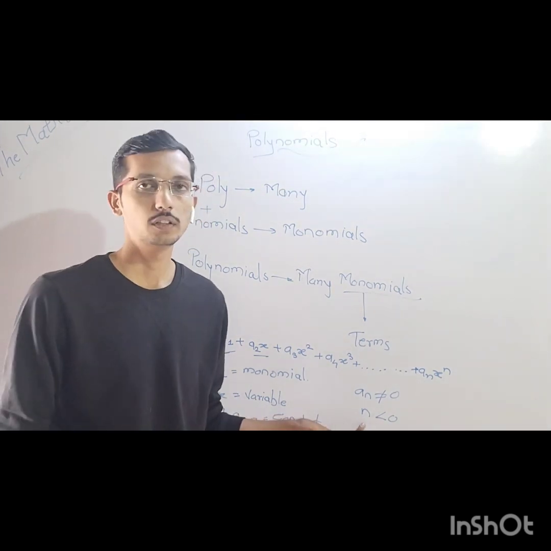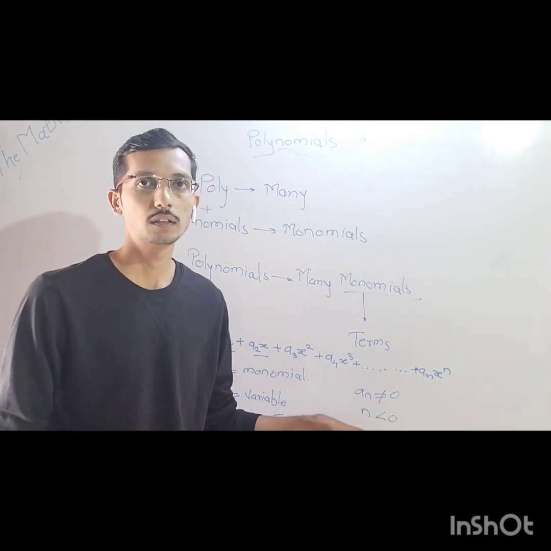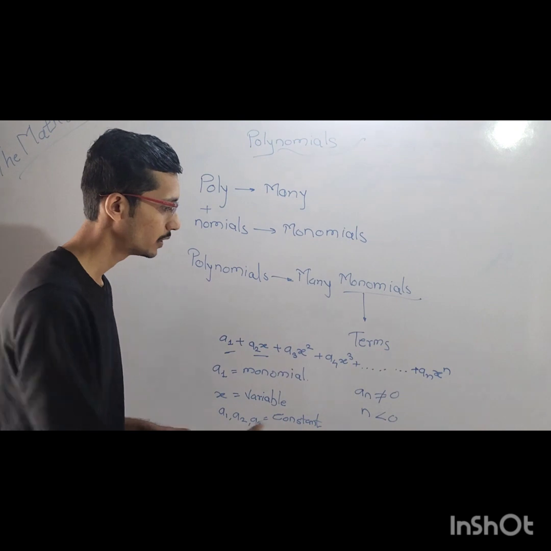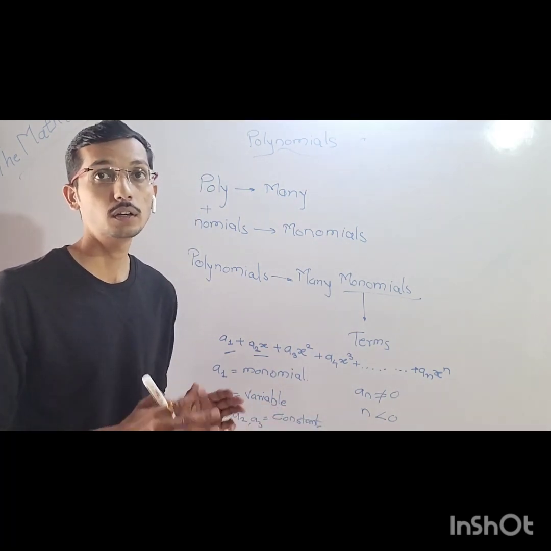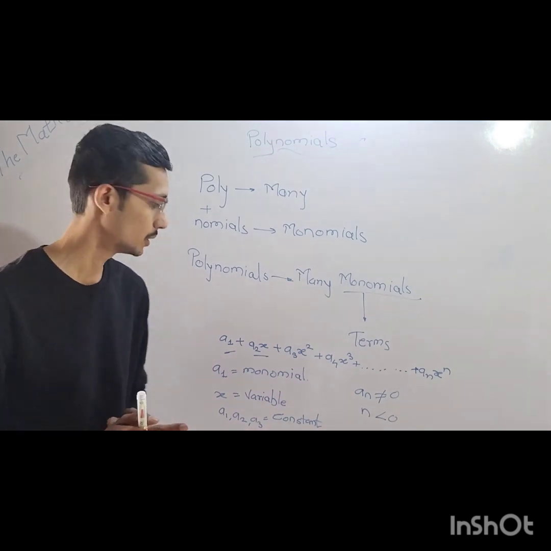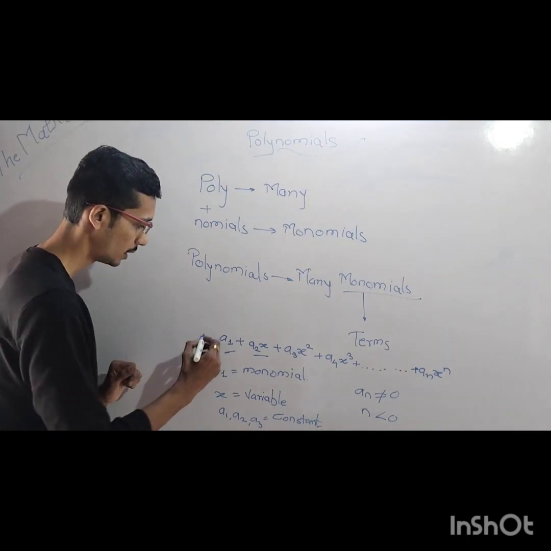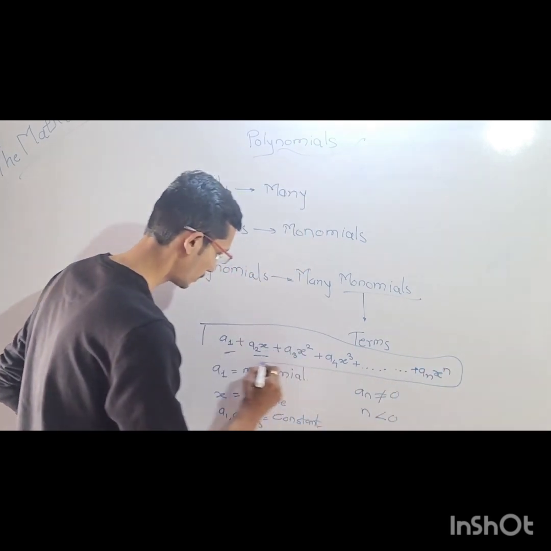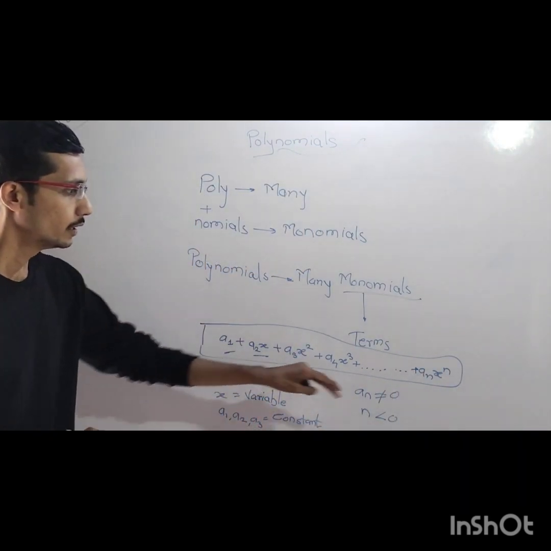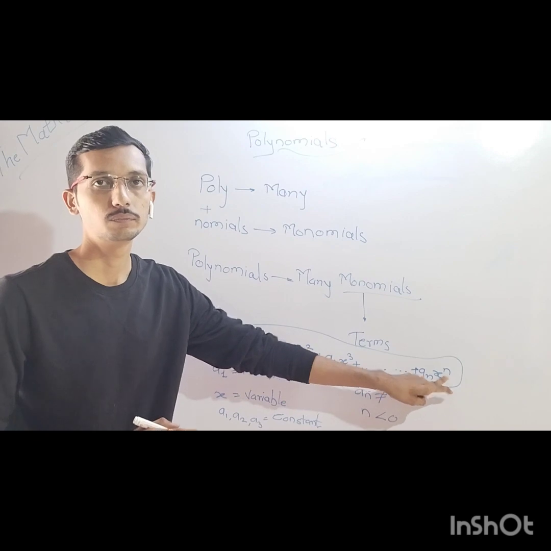So n is always greater than or equal to 0. That means n must be a non-negative integer, not a negative number. So this is a polynomial, and this polynomial is of degree n.